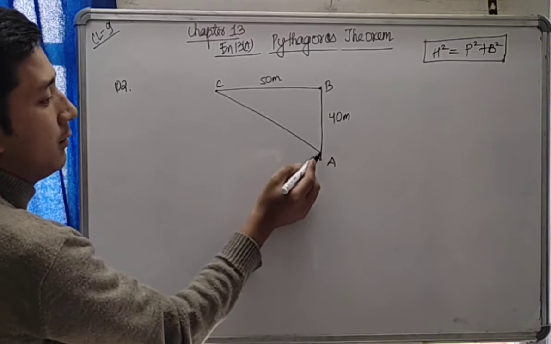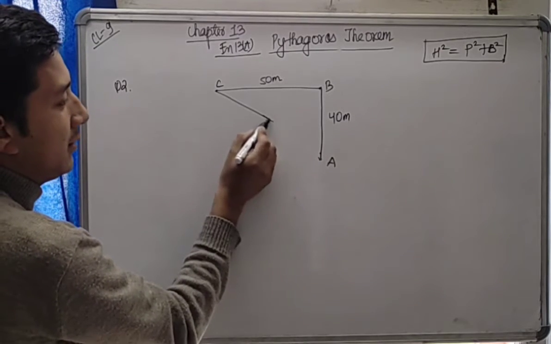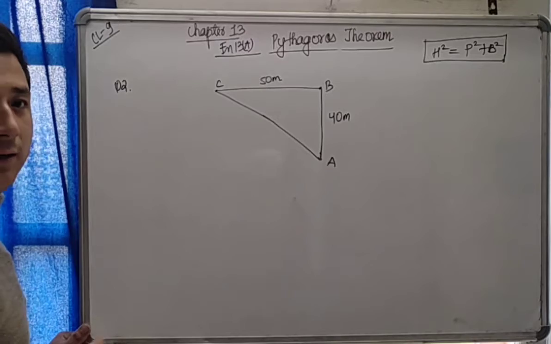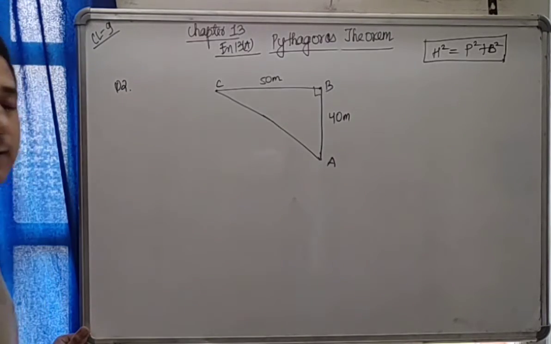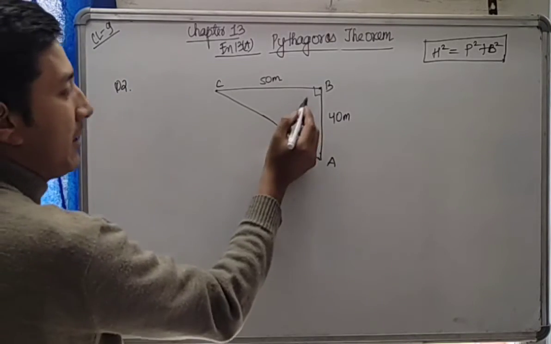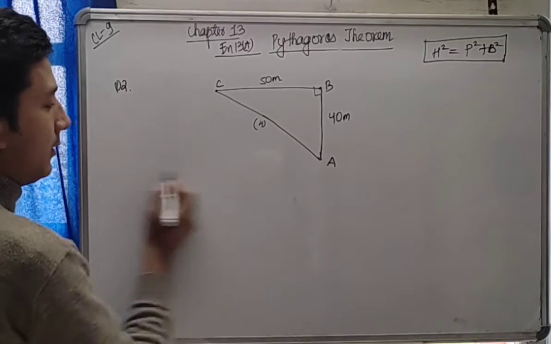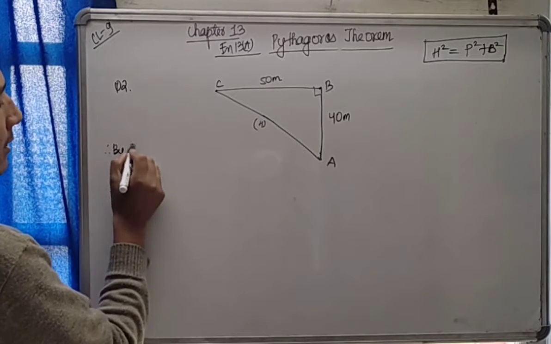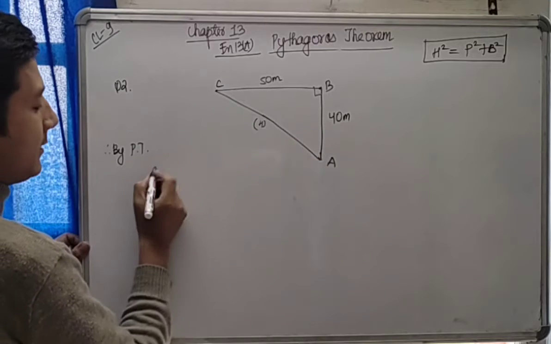So what do we see? Do we see a right angle triangle at B? Obviously, we see a right angle triangle at B. So therefore, by Pythagoras theorem, this becomes the hypotenuse, isn't it? Hypotenuse is AC.